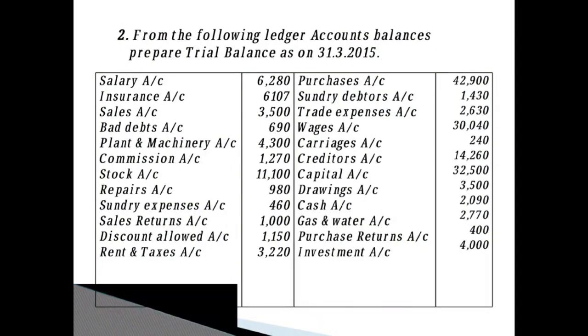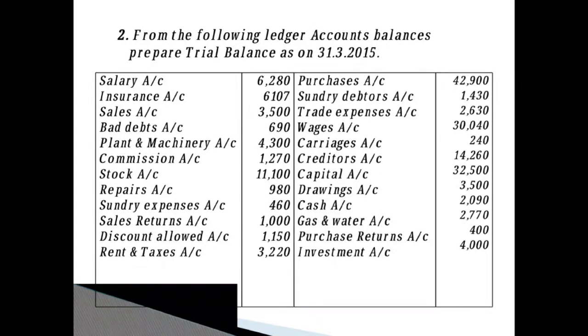Here you make the changes in the problem. Insurance is 610, then sales is 73,500.